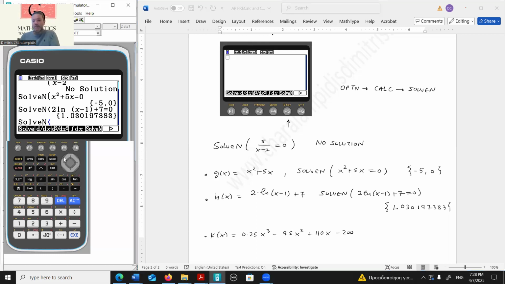All we have to do is create the solve command following the series option calc solve, and now be careful because we don't have enough evidence to reject or to verify our solution. So we should be extremely careful on putting the exact expression.